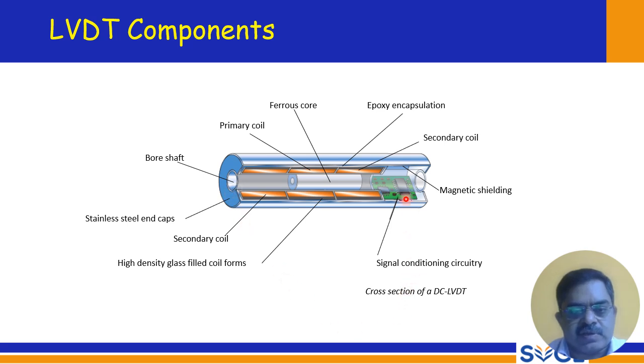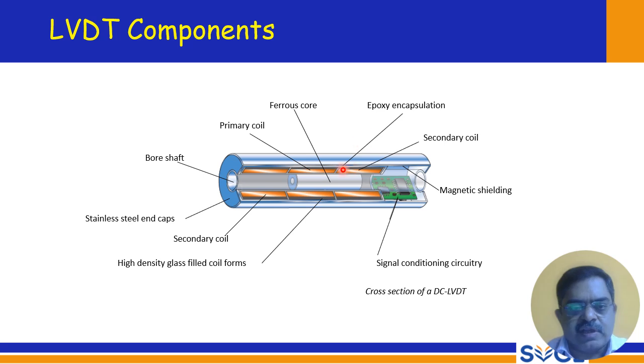And this is the signal conditioning circuitry. There is an inbuilt signal conditioning circuitry, and signal conditioning we are going to see more about in another unit, the second unit. Still we have to cover it, and we are going to see it in depth there.